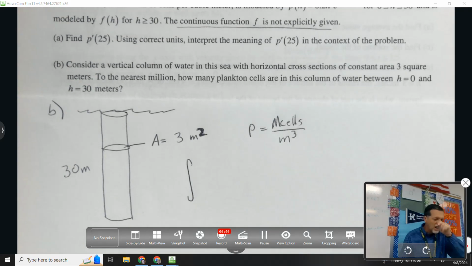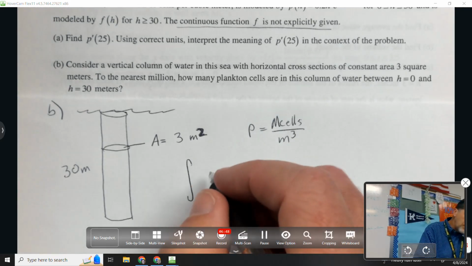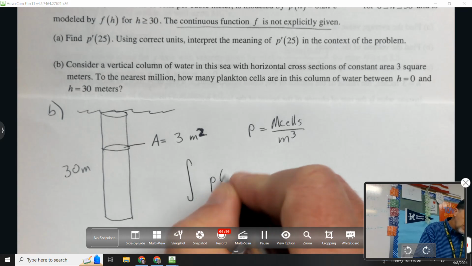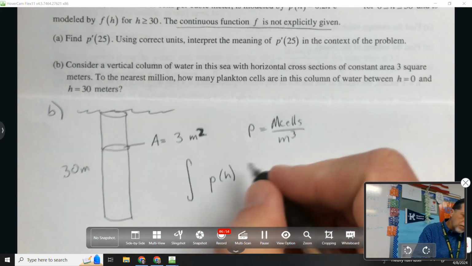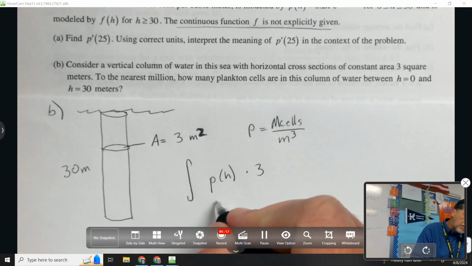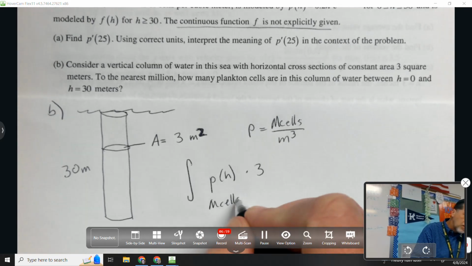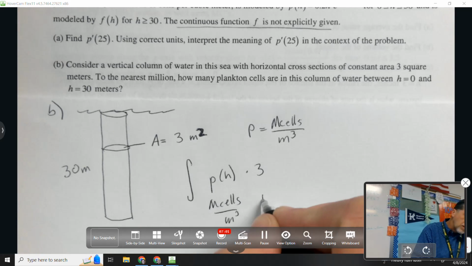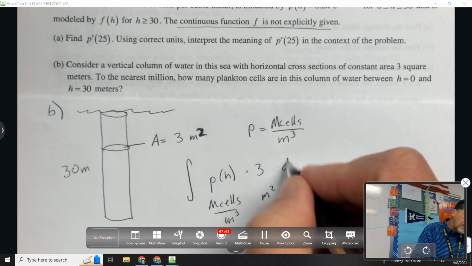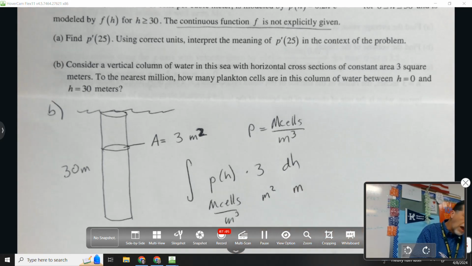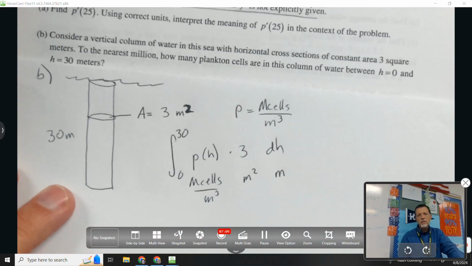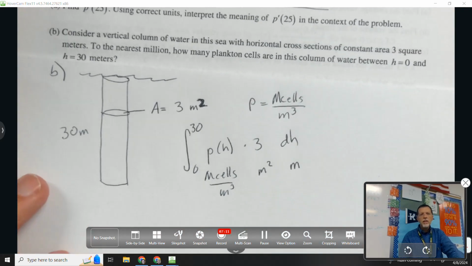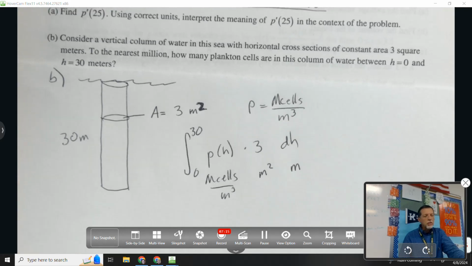So we're going to add up all of the P of h times 3. I'm thinking about units here. Cells per meter cubed times meter squared, and then dh is a meter, so that will get me back to millions of cells. That will add up all of those and give me the total amount in there.